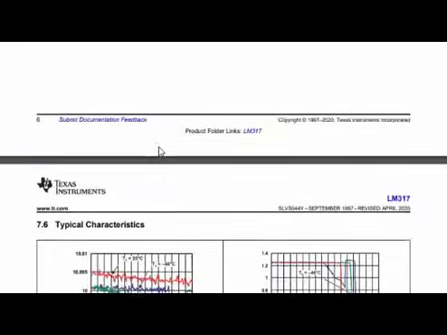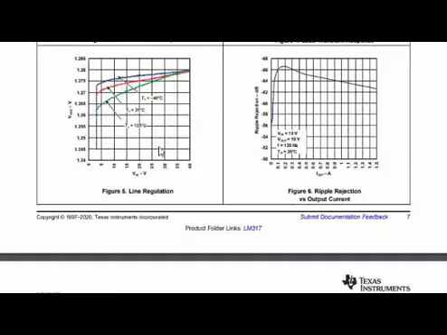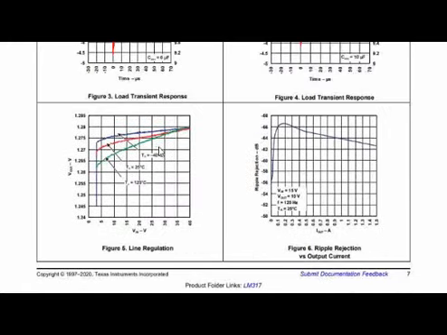Most of the data sheets do have a line regulation graph. You can see V in versus V out. As we change V in, there is a variation of output voltage, and the amount of output voltage variation depends on the temperature at which you are operating.